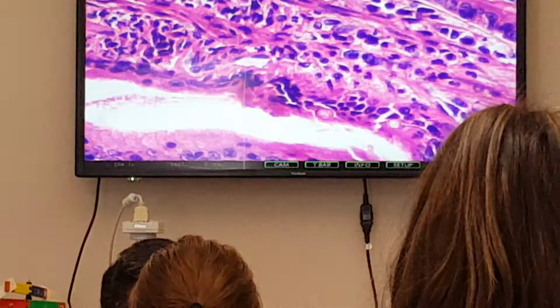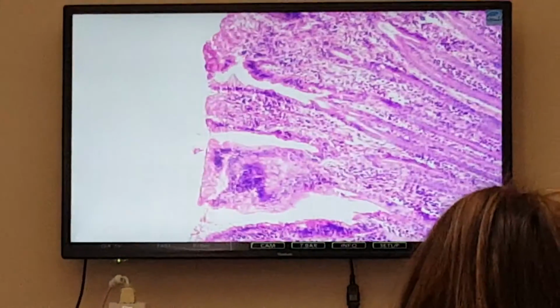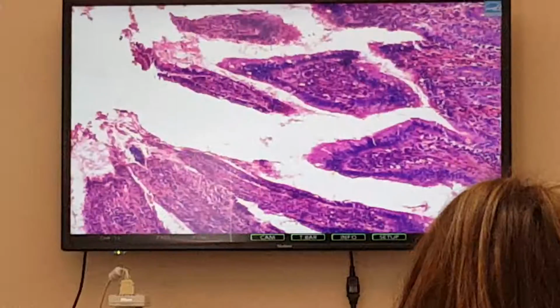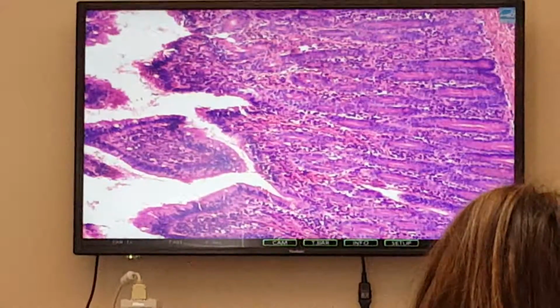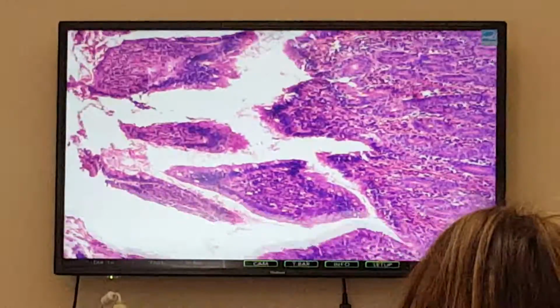Not as pretty as I would like. Let's see if I can find a good section. Right here.